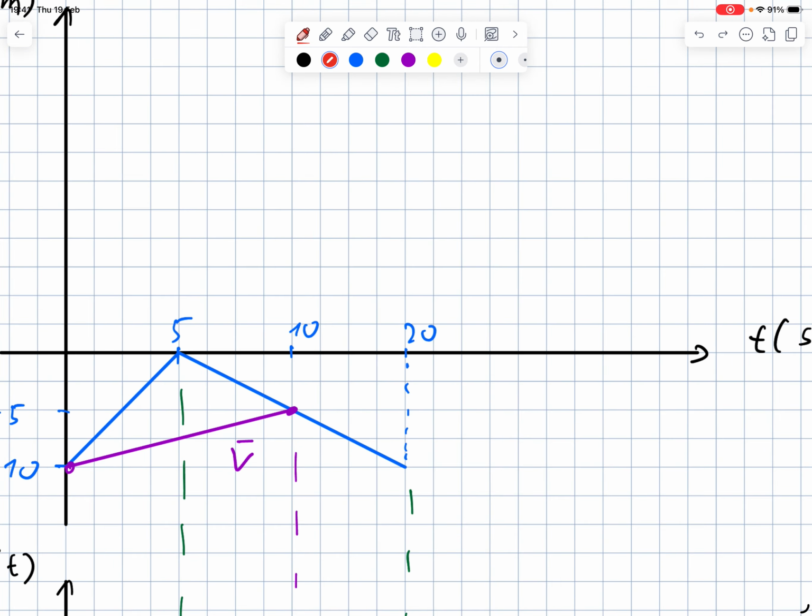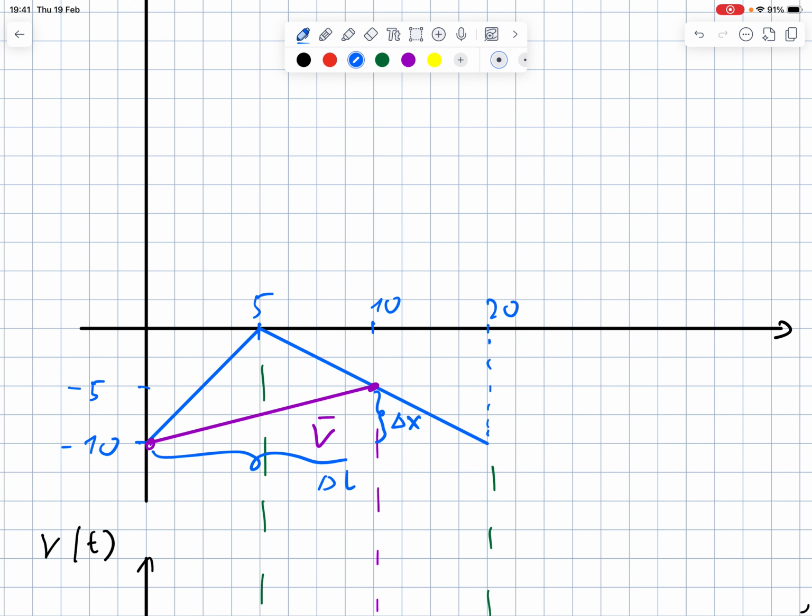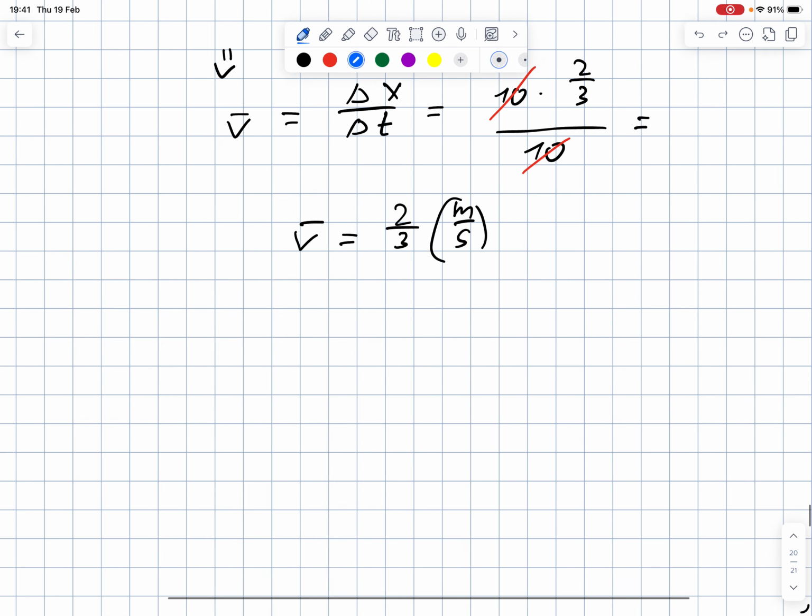You can also check it by calculating it again. This is your delta x, this is your delta t. When you divide delta x by delta t, you'll get that the slope is actually 2/3.